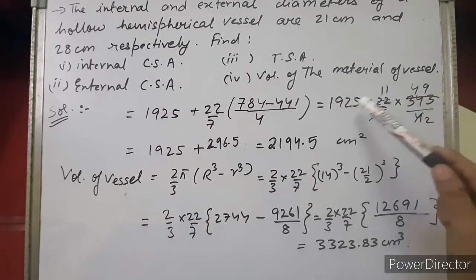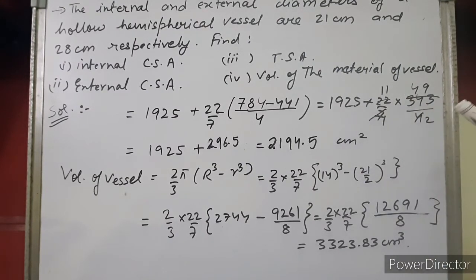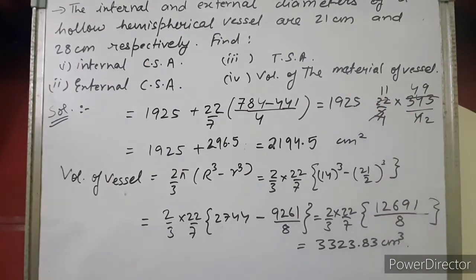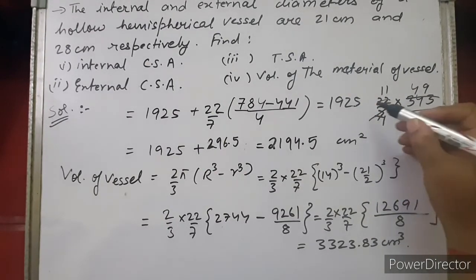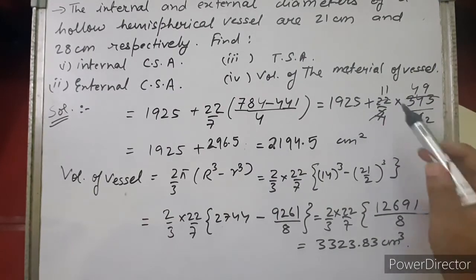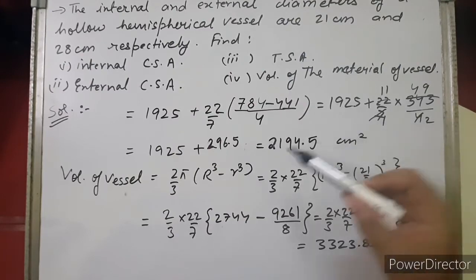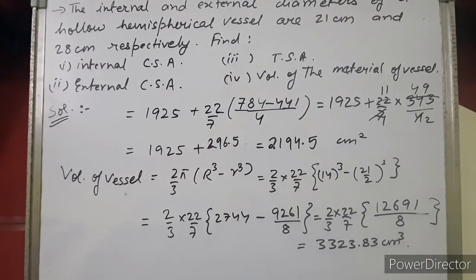So when we multiply these three terms and divide by these two terms, we multiply 4 into 11 into 49 and divide by 2, we'll get 1296.5. And when we add 1925, we'll get 3221.5 centimeter square, which is the total surface area of the hollow hemispherical vessel.